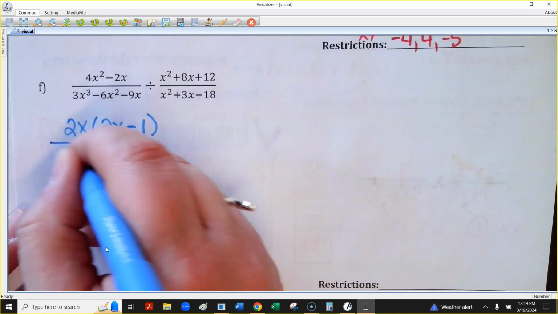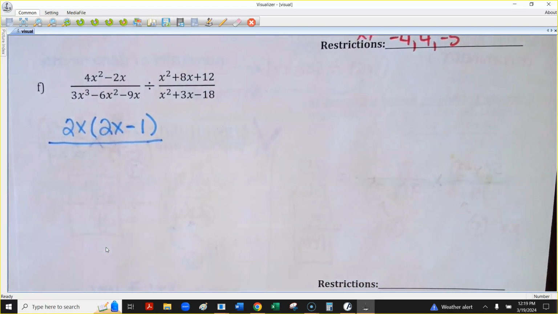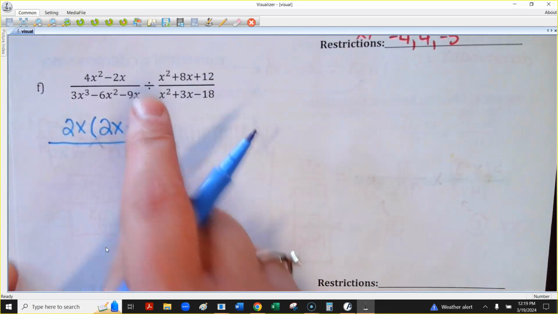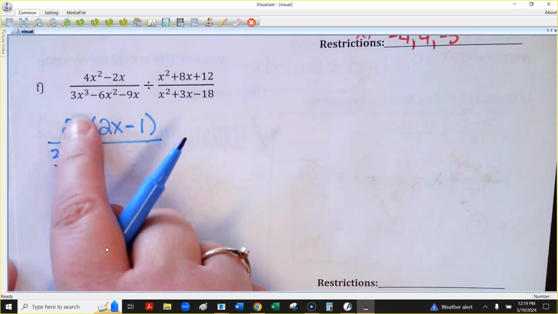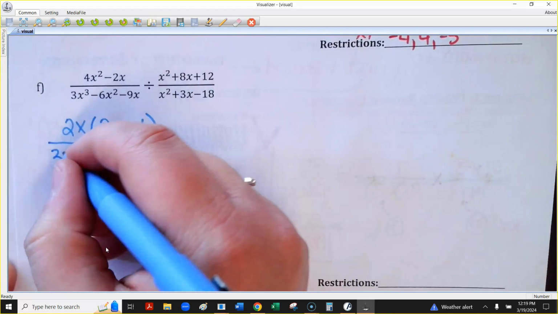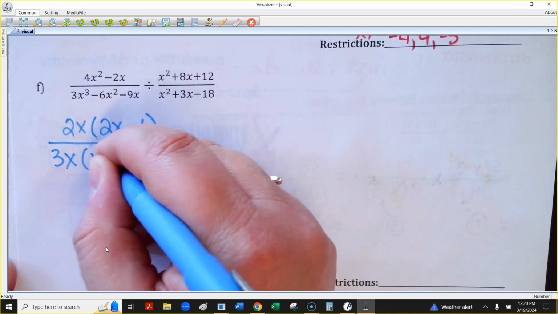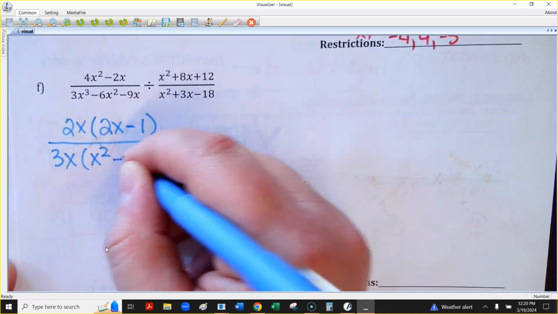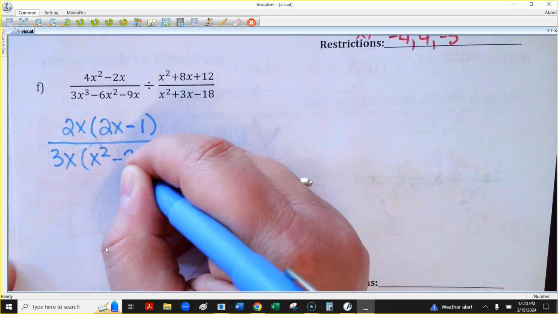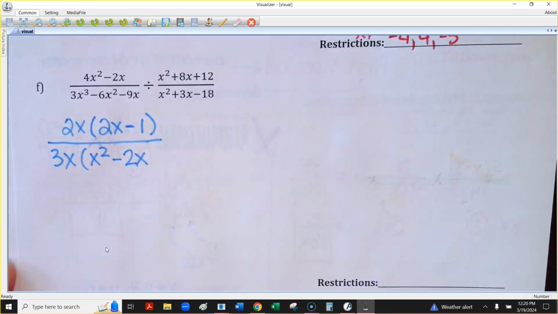Okay, now the bottom is super tricky. I'm going to do this in 2 steps. So all these terms are divisible by 3. All these terms also have at least an x in them. And if I take that 3x out in front, this would become just 1x squared. 6 divided by 3 is 2, and I'm going to take one of the x's out, so I'd have 1 left, so it'd be minus 2x.